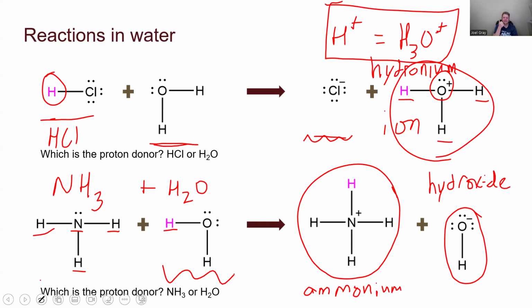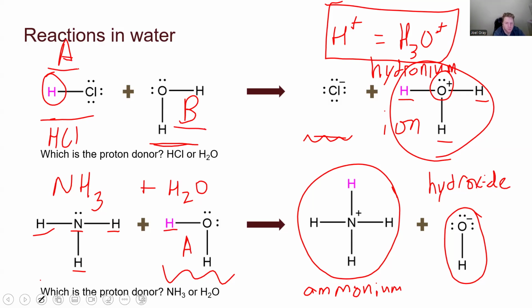Water can act as an acid, so it can give up a proton, which is what it's doing here. I'm going to put a big letter A right here. It can also act as a base, which is what it's doing up here. Now, the powerful thing about what we're seeing here is that in both of these reactions, we have one thing acting as an acid and the other thing acting as a base.